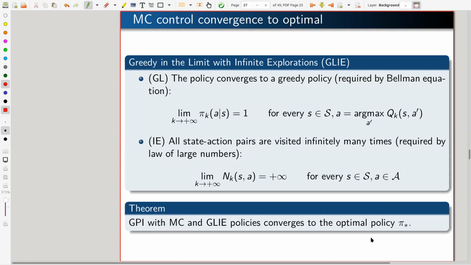Well, it's very natural. There are two conditions that must be satisfied. I will explain in a moment what these conditions are for, but they are very natural. They must be satisfied by the algorithm, by the method. You see, I'm talking about the Monte Carlo method and the temporal difference method, but they are actually families of methods.